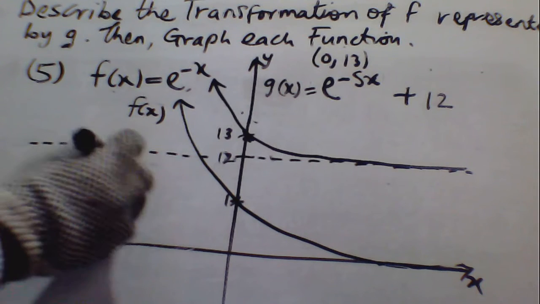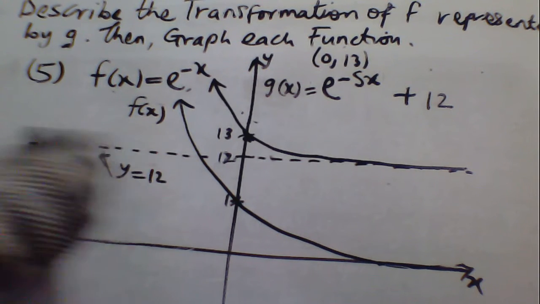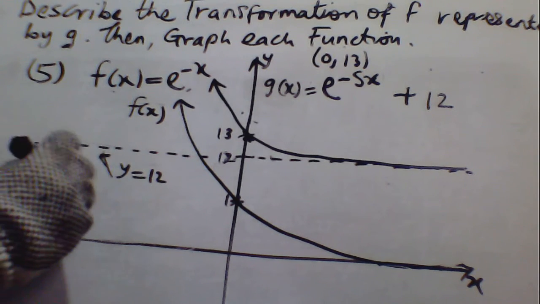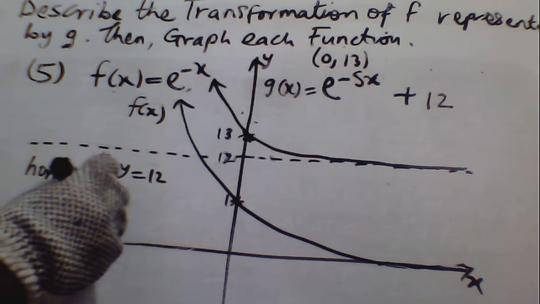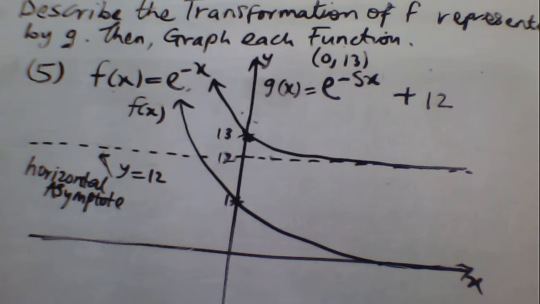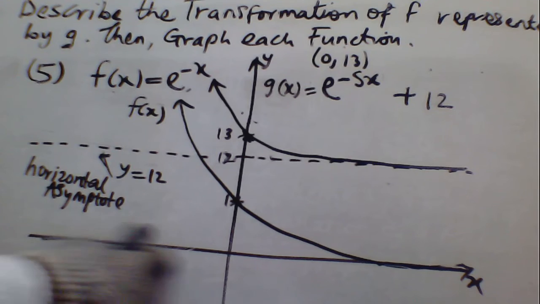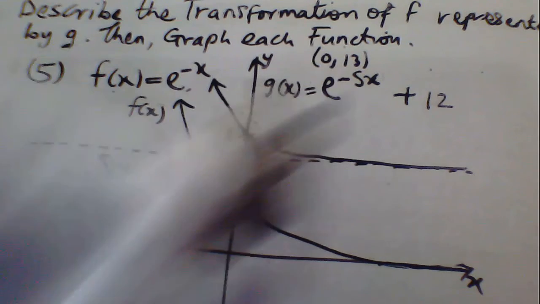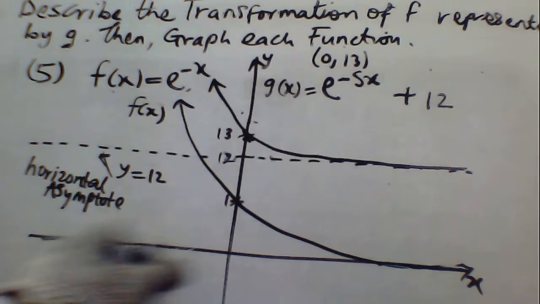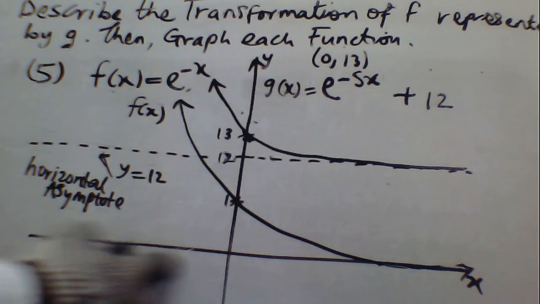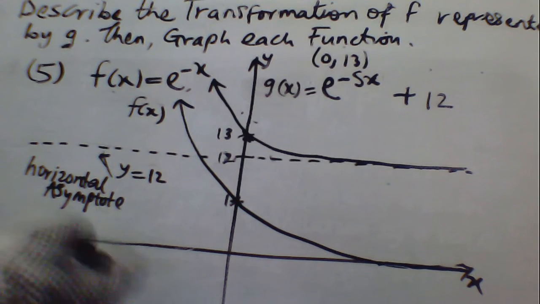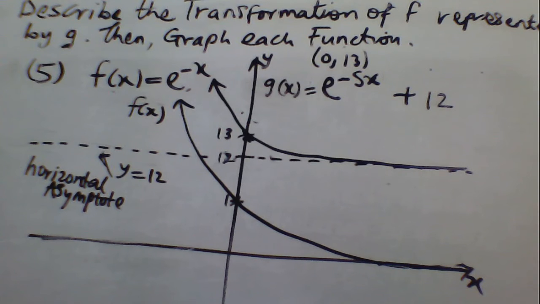In this case, y is equal to 12. Our horizontal asymptote, y is equal to 12. Here, k is equal to 0. So the base of the parent function, the x axis of the Cartesian axis, will act as the what?